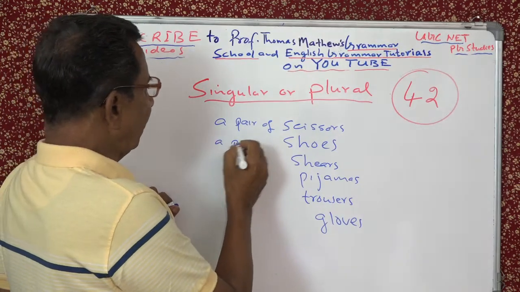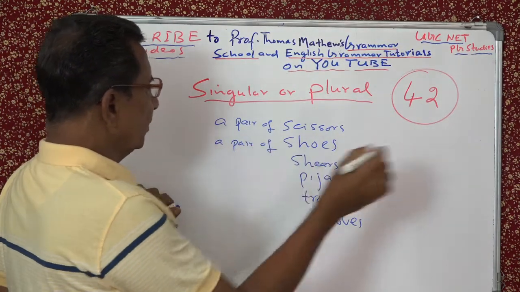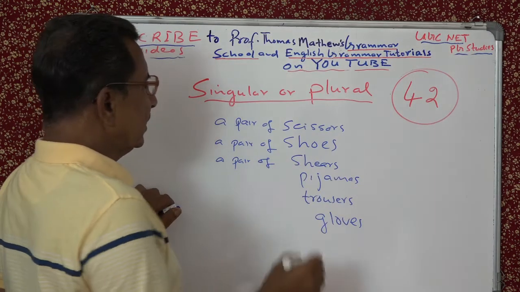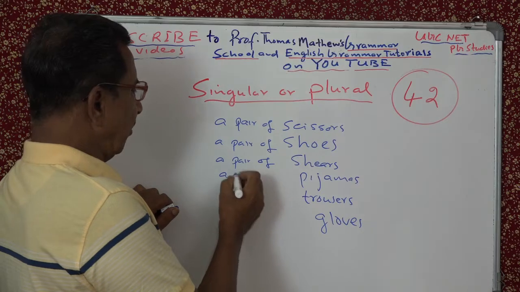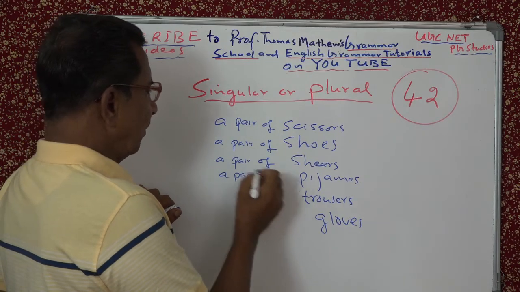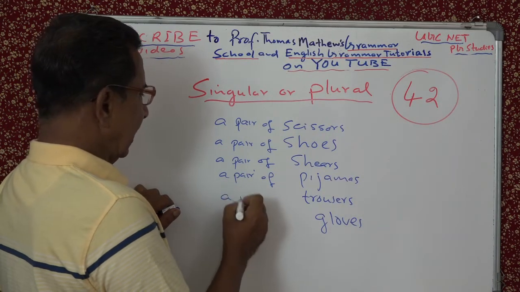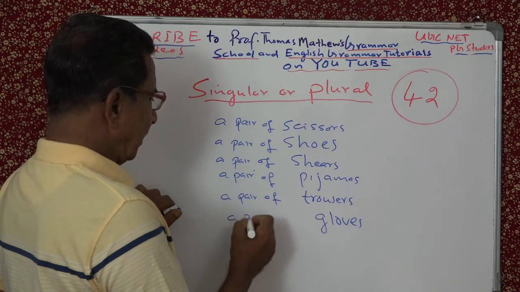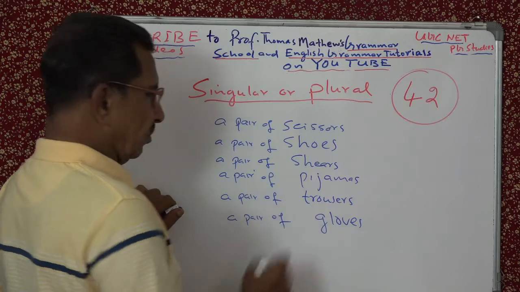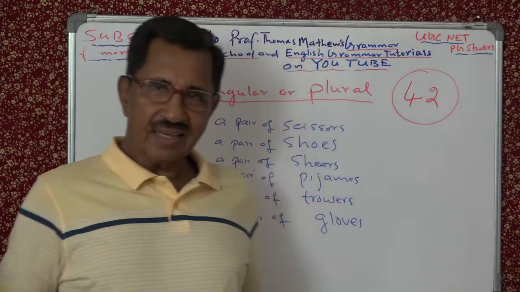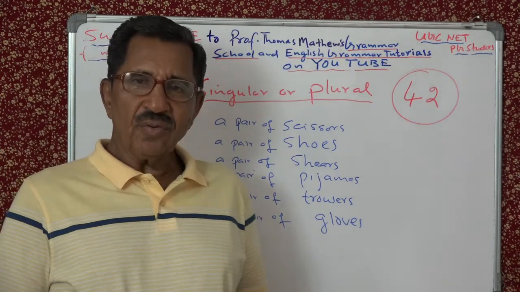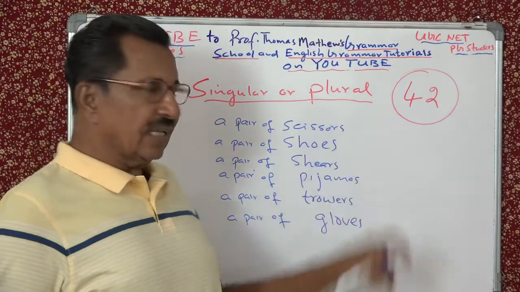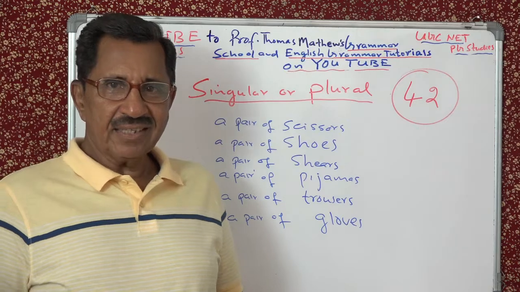A pair of shoes, a pair of shears, a pair of pajamas, a pair of trousers, a pair of gloves. Understand that?